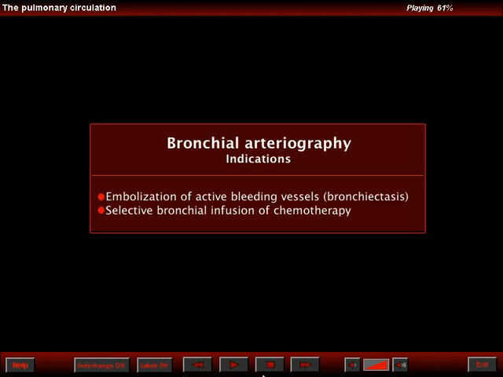If a cancer of the lung is causing pain or superior vena cava syndrome, and the patient does not benefit from irradiation and or chemotherapy, selective bronchial infusion of a chemotherapeutic agent such as Cytoxan or nitrogen mustard can improve the situation.